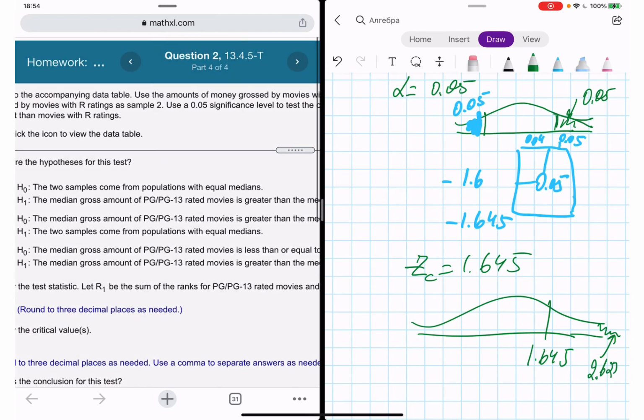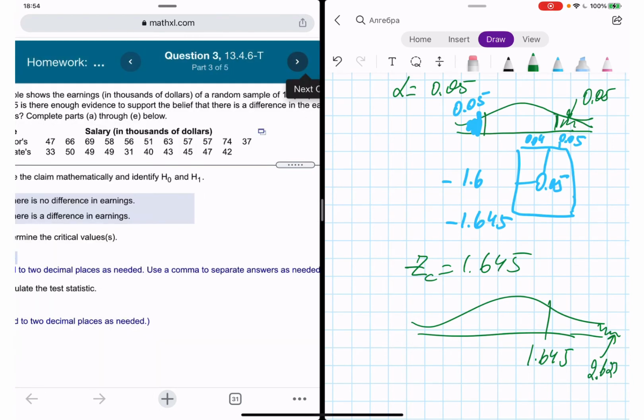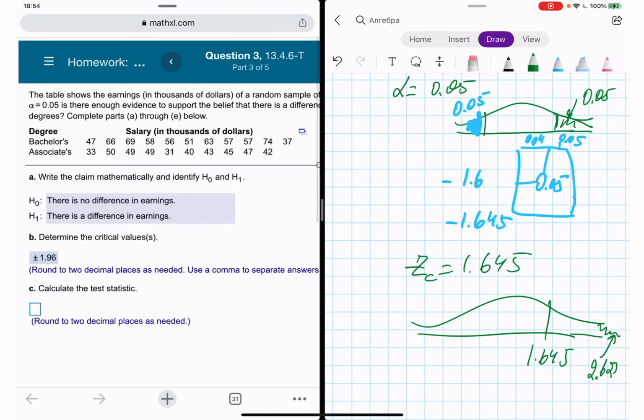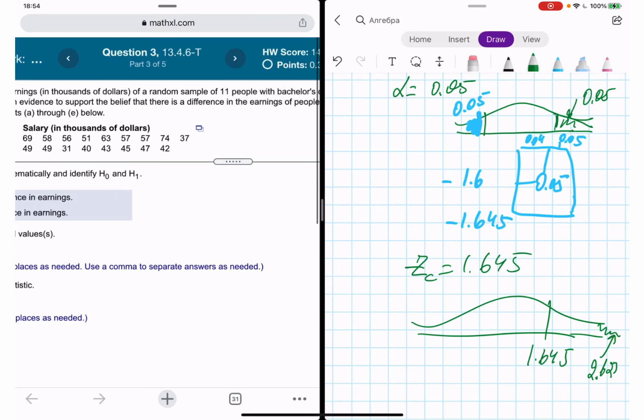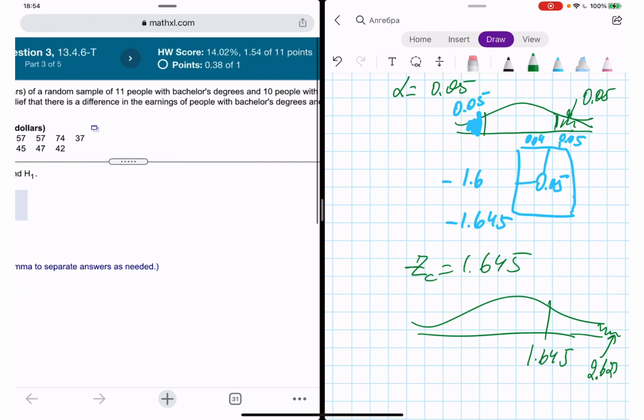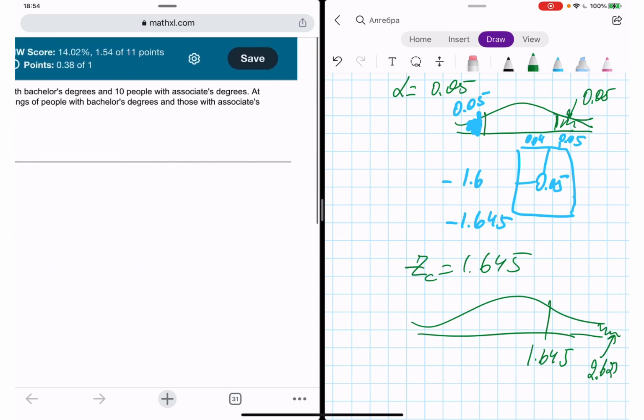Okay, question number 13. Well, I started here, I solved. The only difference here is the critical value, because we have null and alternative, it says difference or no difference. I split the 0.05, it's going to be 0.025.